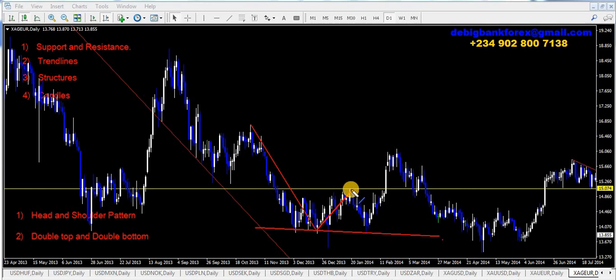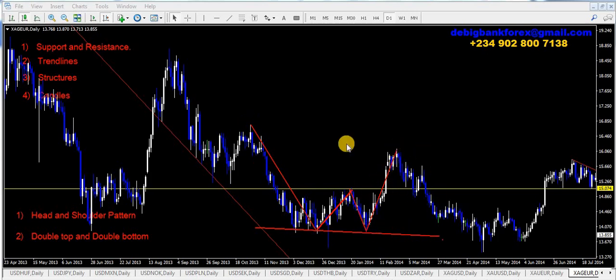And when it went up to this level, it touched this particular level and came down, retesting the same level that it was at before, and then went up. So this is a double bottom, and you can see the structure is the W shape.